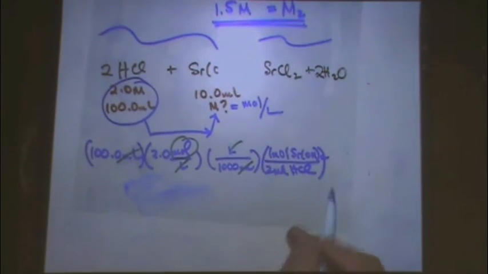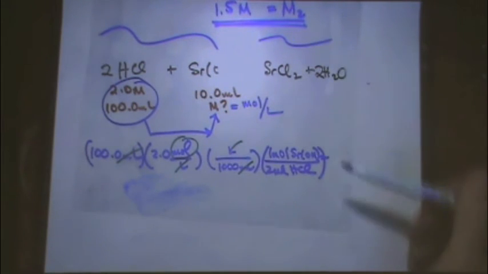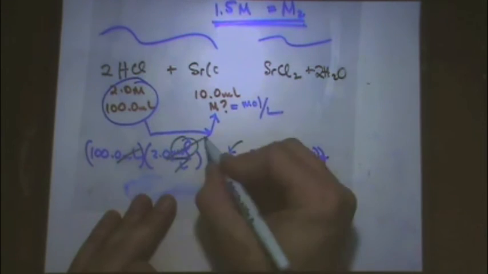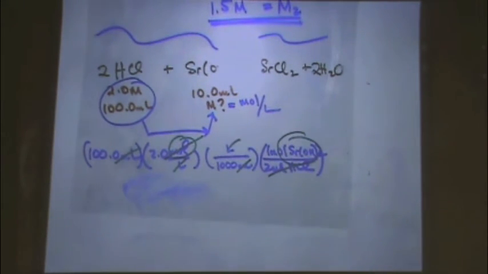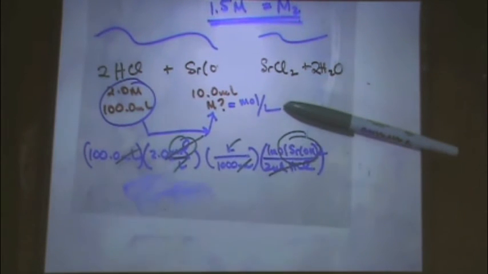Okay, step 3. Right now I have moles of strontium hydroxide. Let's cancel these moles here. Notice I need to get to moles per liter, so I need to go to that. So what would I do right now? I divide by which liters?